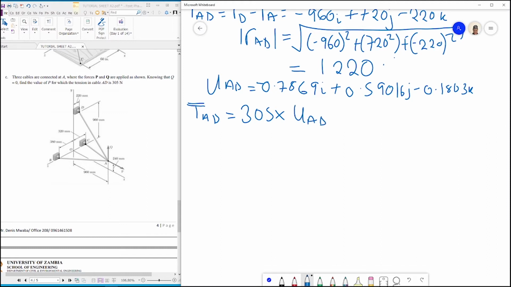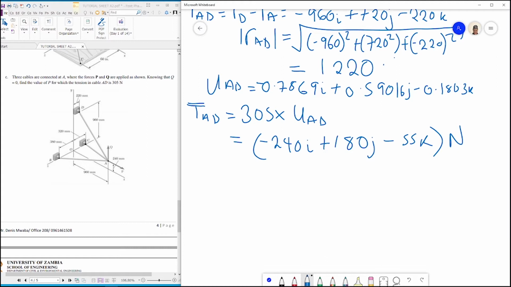If we do this, you should have minus 240 I plus 180 J minus 55 K, all in newtons. So this is our TAD. At least we are done with one, isn't it? Yes, we are done with one.